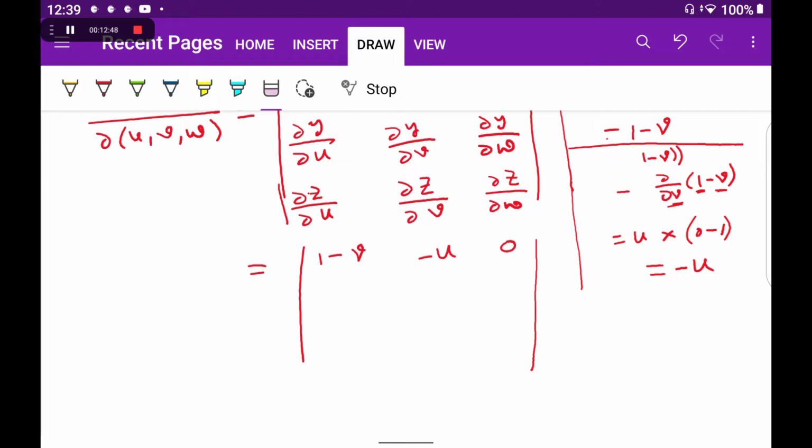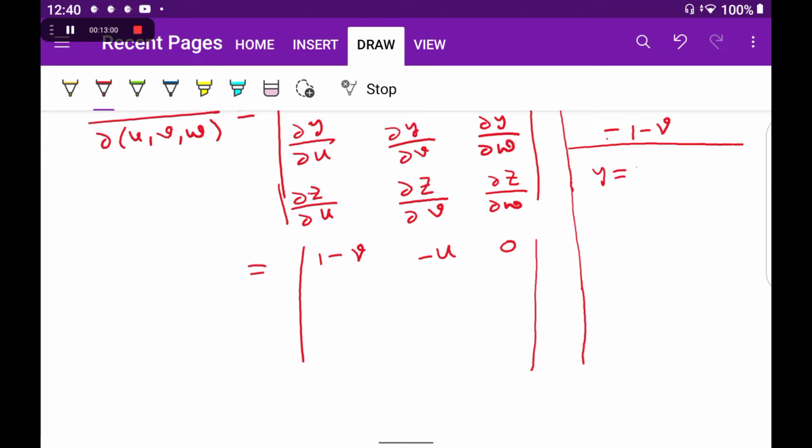Next, the second row is all about y. Dou y by dou u. What is y? uv into 1 minus w. So dou y by dou u means we are differentiating this with respect to u. So v into 1 minus w is treated as constant.